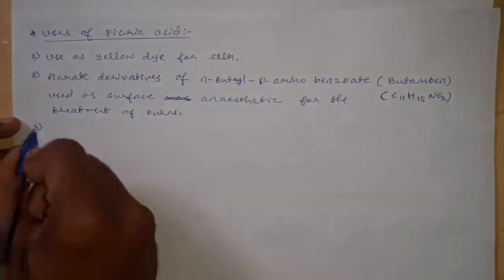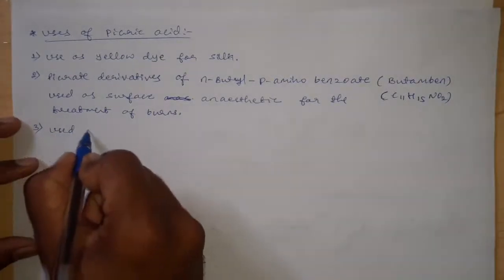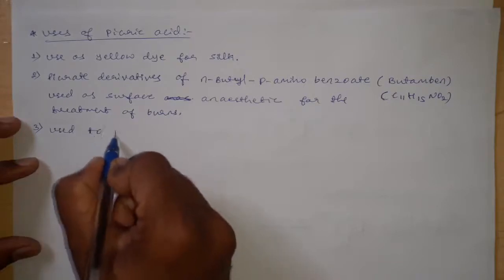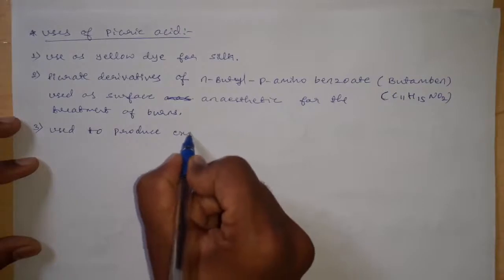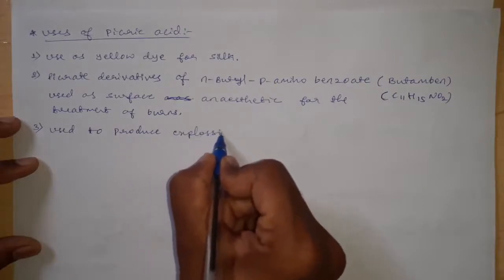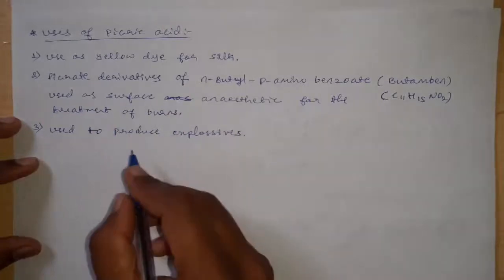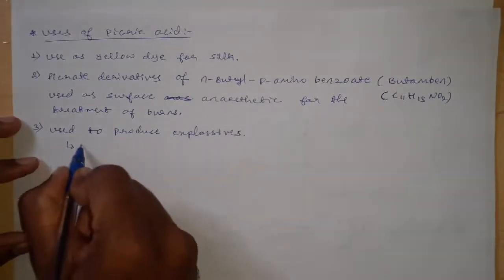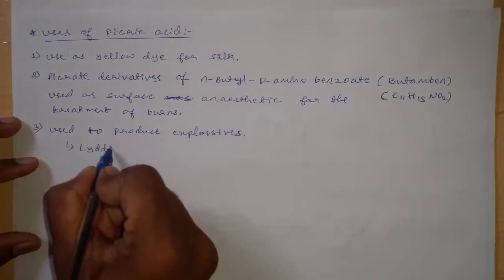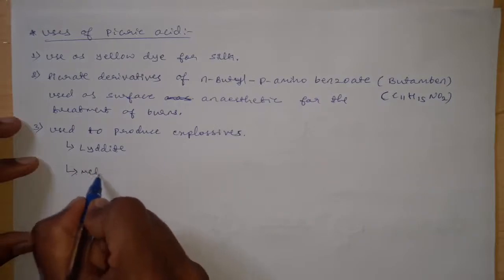Okay. Then the third use is that picric acid can be used to produce explosives, for example lyddite and melinite.